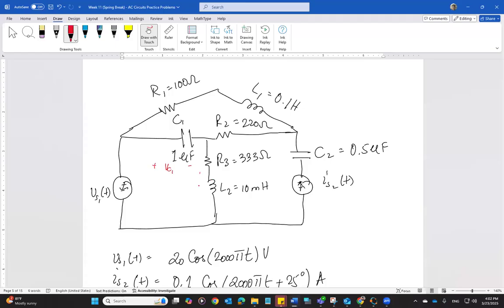And then, of course, the current. Again, current will keep changing its direction as well because it's a sinusoidal quantity. But when I'm calculating, I want to show that my current is this that I'm trying to figure out. So these are the two quantities that we need to calculate.